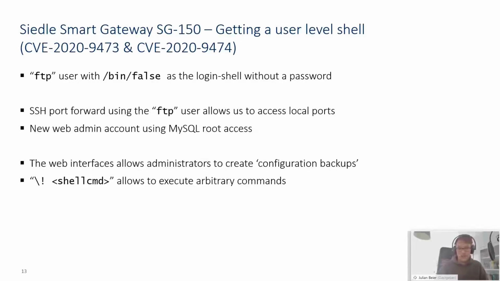The MySQL database is interesting because it handles all the configuration for the web front end. The web front end is where all the configuration for the devices that are connected to the smart gateway happens, and it is also responsible for all the account management.